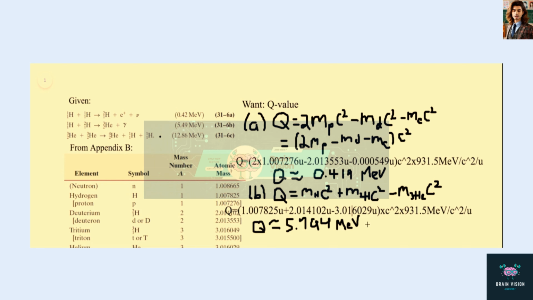Great. Now for the final equation, let's do C. Again, write our expression for Q. We have 2 times the mass of this helium isotope.